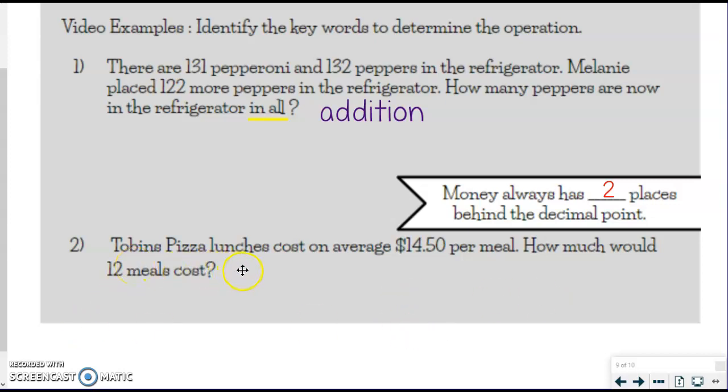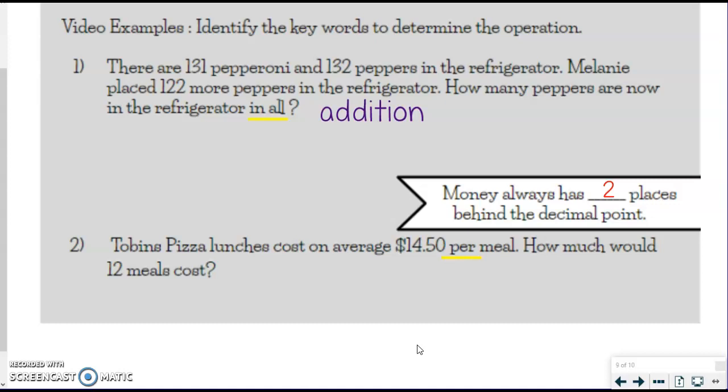All right, let's jump into this one. It says Tobin's Pizza lunches cost on average $14.50 per meal. How much would 12 meals cost? Okay, so one of the key words in here is the word per. Okay, that per can either mean multiplication or division. So you kind of have to read the context of the problem to figure out which one.